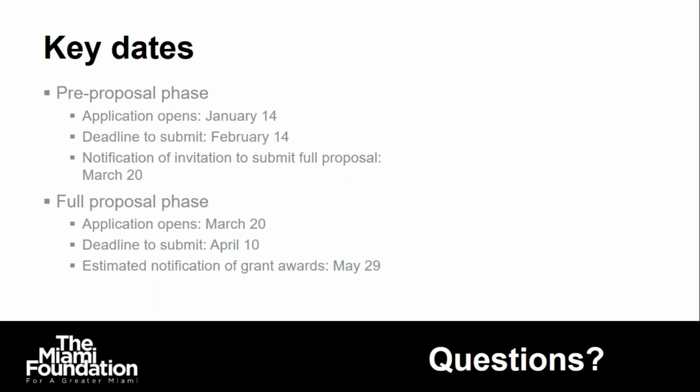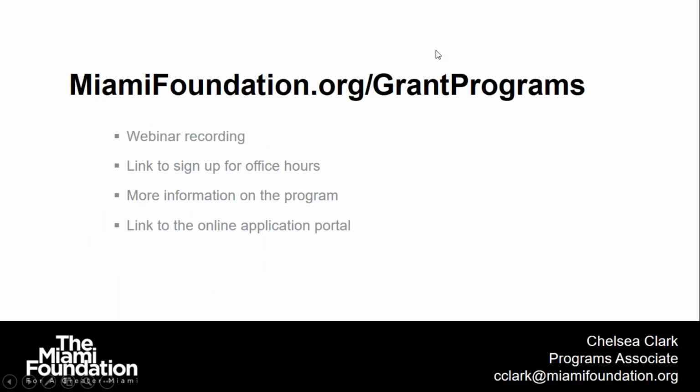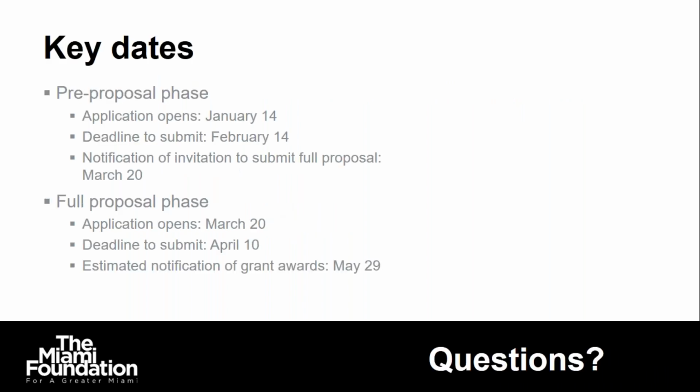Okay, so key dates. Just as a reminder, the deadline to submit in this pre-proposal phase is February 14th, and the estimated notification to all of those who submitted a pre-proposal application will go out on March 20th.